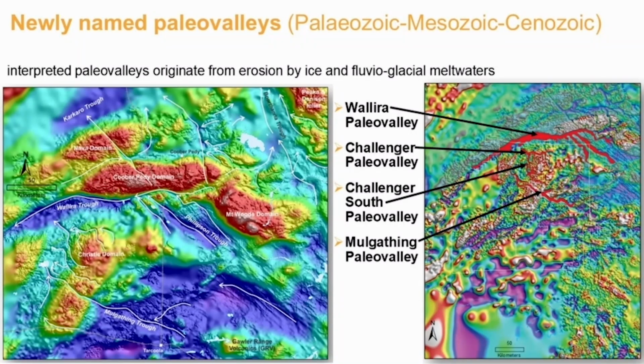For example, even from a single drill hole, you can find 3 Paleovalleys, or 2, or just 1. We don't know. For example, here we give the new names Challenger and Challenger South Paleovalley. Why? Because from the new mapping, we can find the drainage divide over here.